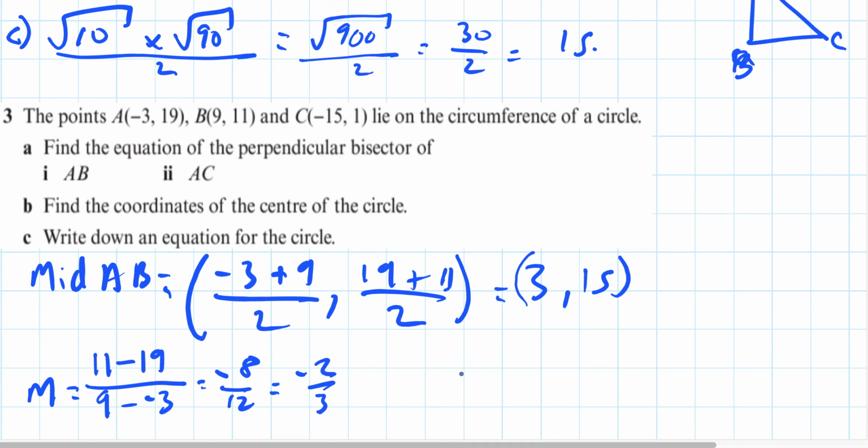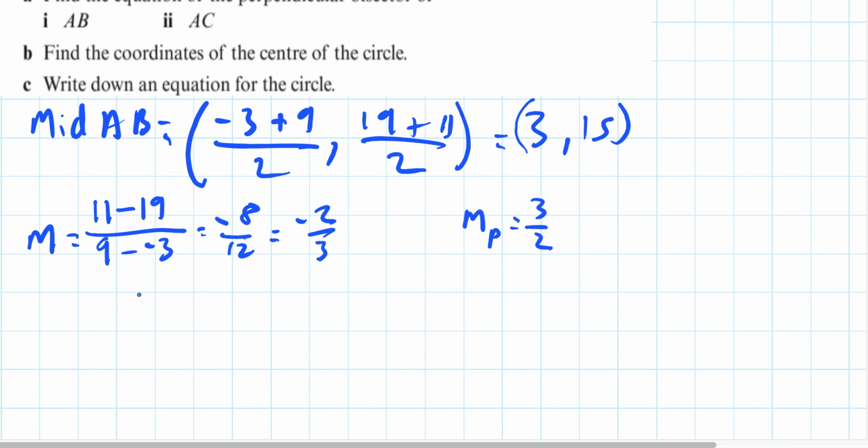So the perpendicular bisector gradient is 3 over 2, the negative reciprocal. Put that all into the equation.